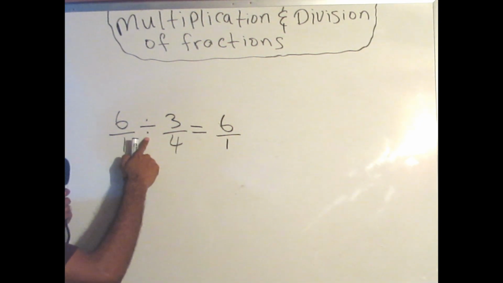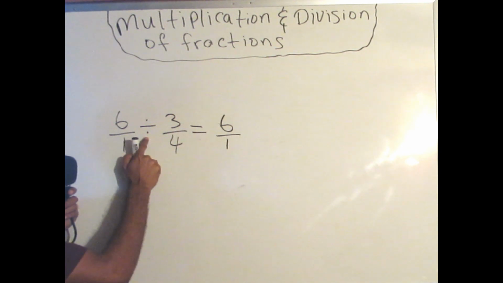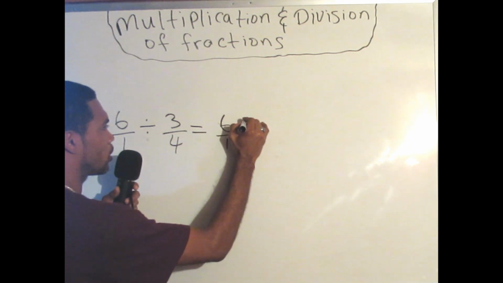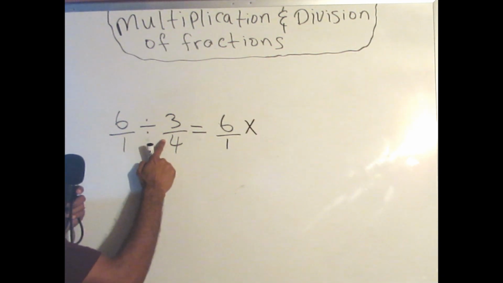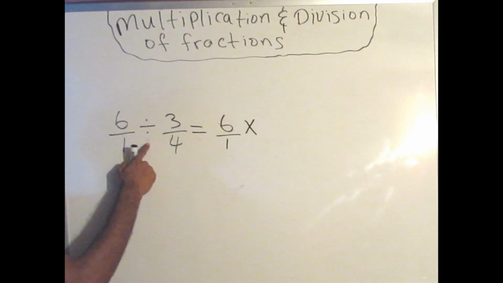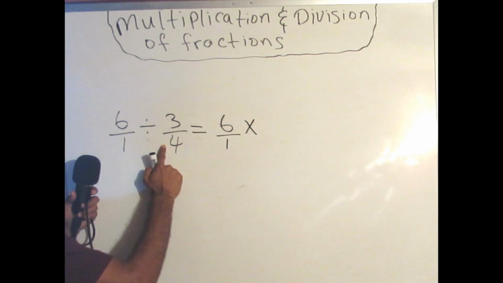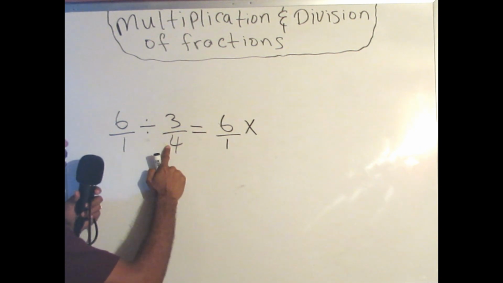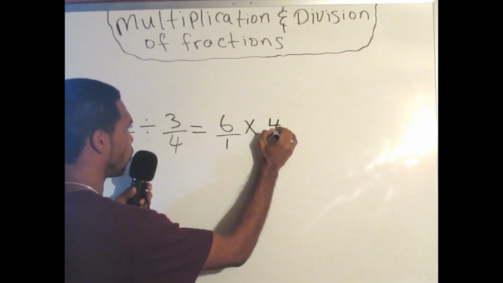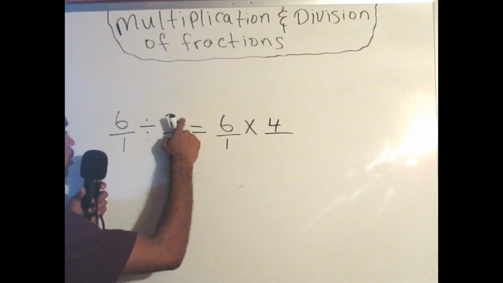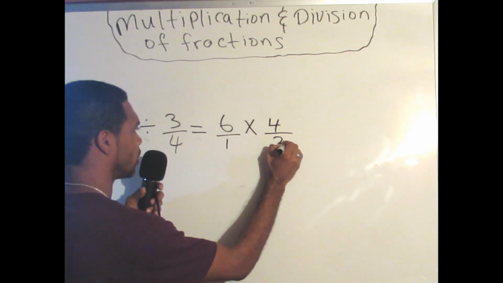That's just the rule. Division will change to multiplication, and because we change our sign from division to multiplication, we'll switch around our denominator with our numerator. So now the denominator 4 will go to the top and your numerator 3 will go to the bottom.